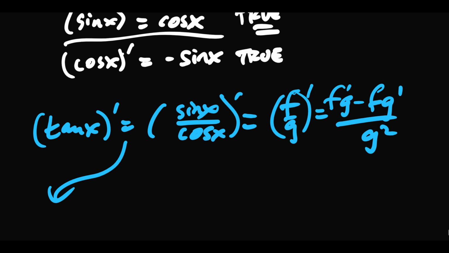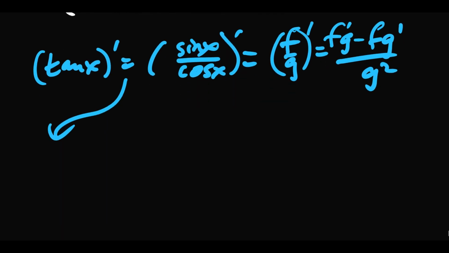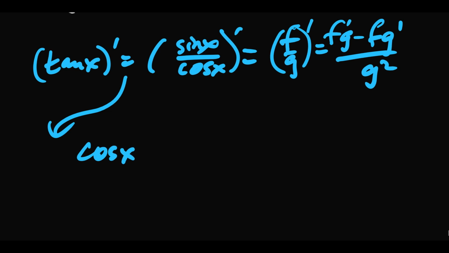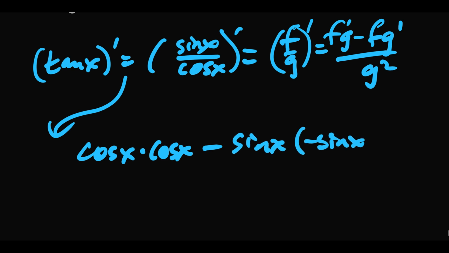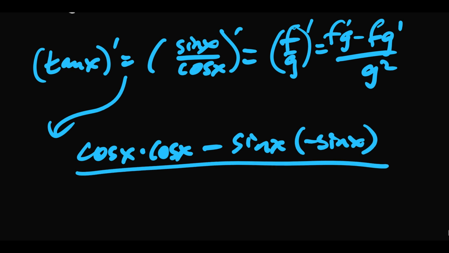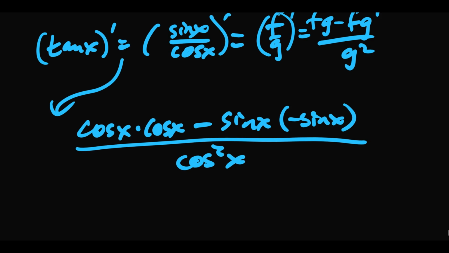So f prime g: the derivative of sine is cosine, times the bottom, that's g, minus the top, sine, times the derivative of the bottom. The derivative of cosine is negative sine of x, over the denominator squared. This negative and this negative combine to make a positive.